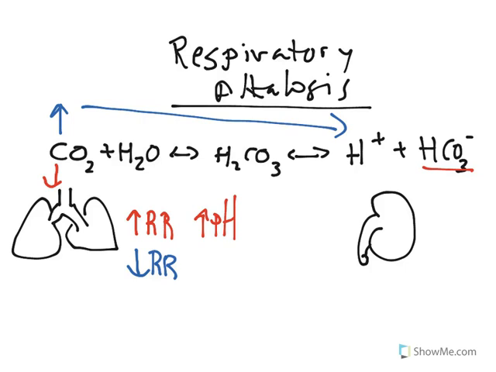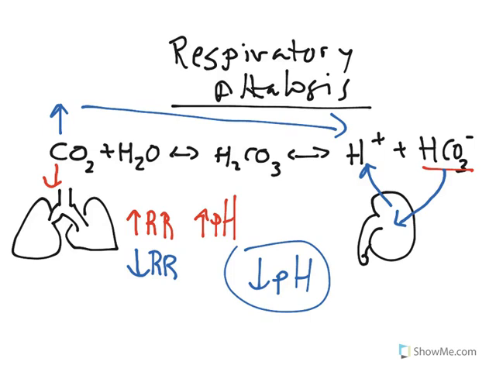Now, the other thing is our kidneys can take and put hydrogen ions into the body fluids and take this bicarbonate and pull it out, which is what's going to help to overall lower our pH as well. This is going to be the overall function of this, to lower it, get it back to more acidity.